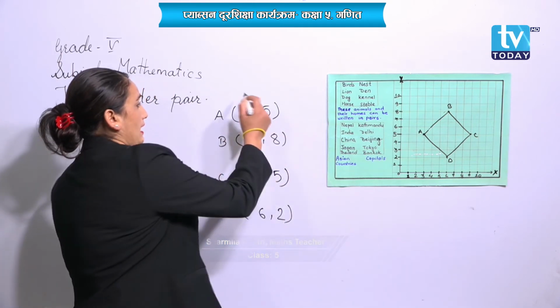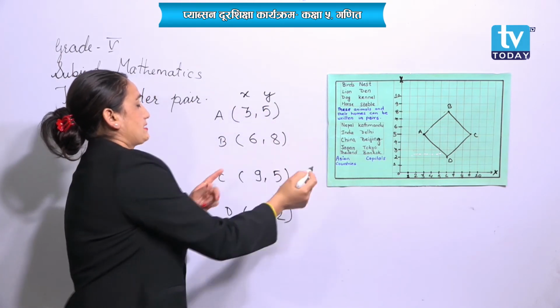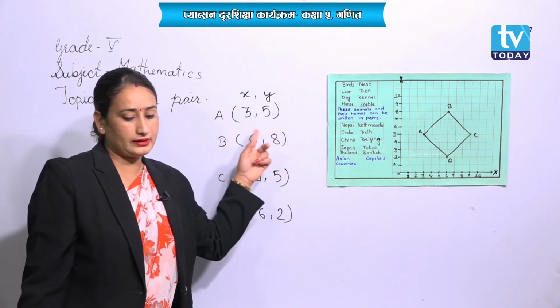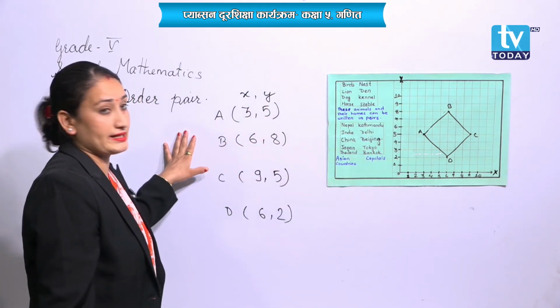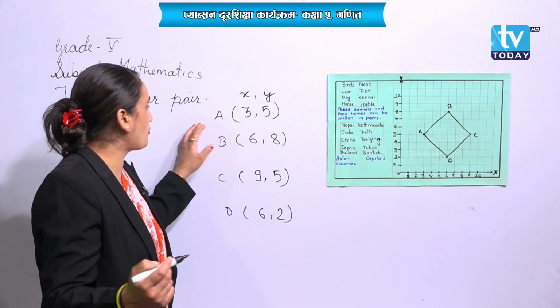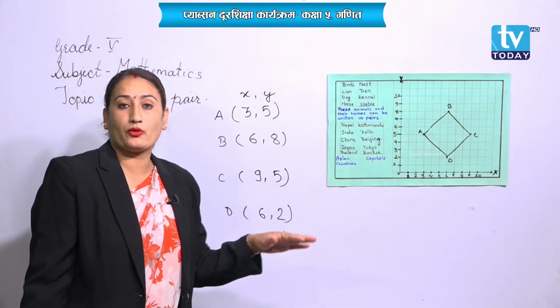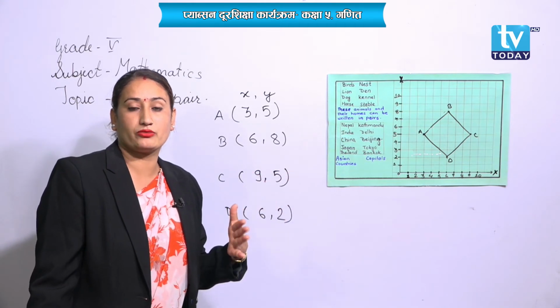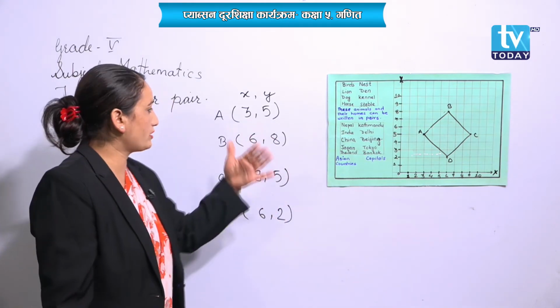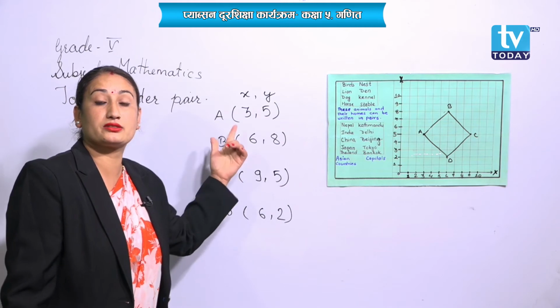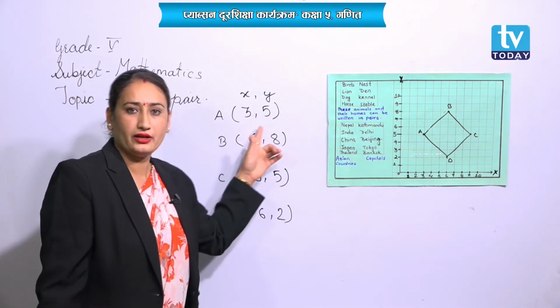That is x-axis, y-axis. Done? Okay, then the coordinates. If the position of point A is x, y, then the coordinates also come the same way. The coordinates of point A are also the same, that is 3, 5.